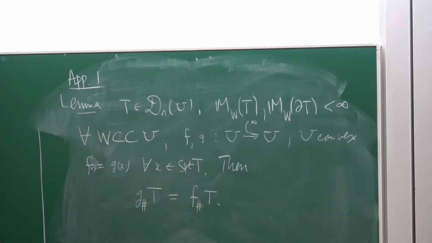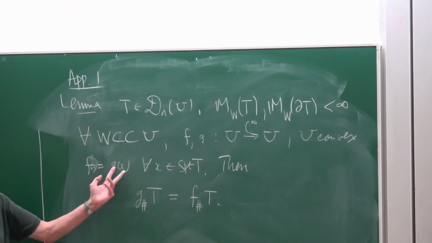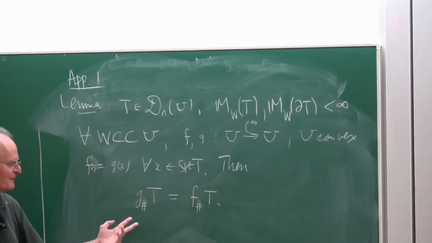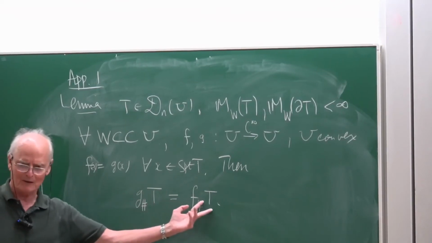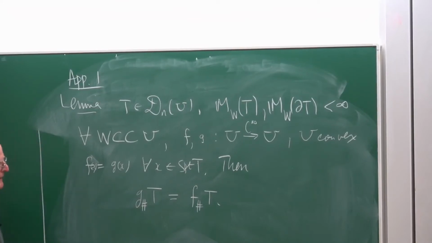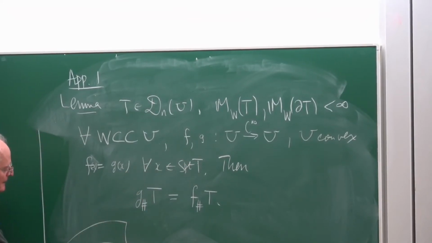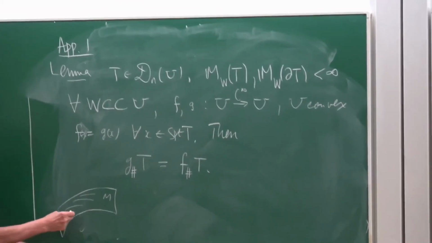Now, you might have believed that without any other hypotheses, because I said f equals g on the support of T. But think about that. It's a bit of a surprise that g sharp T equals f sharp T. Think of T as being something like our prototypical example, like a manifold. So the support of T would be a manifold, and saying f equals g on the support of T only says that f equals g on this manifold.